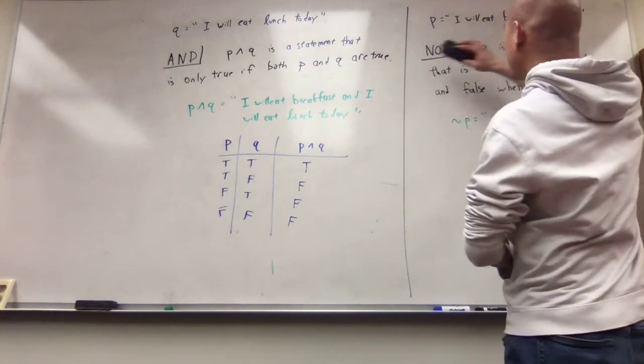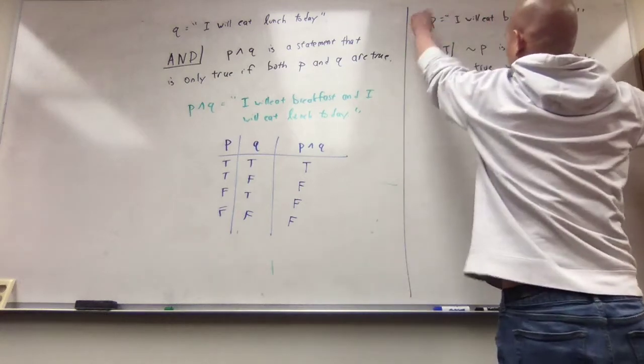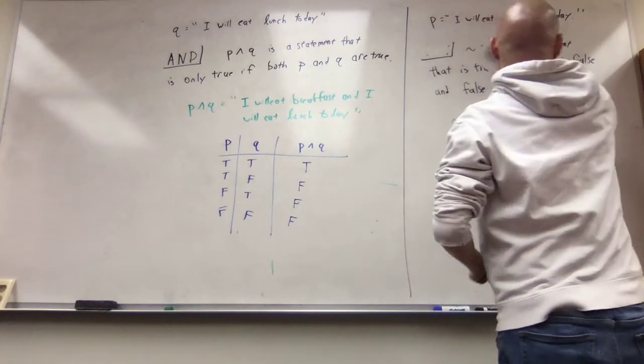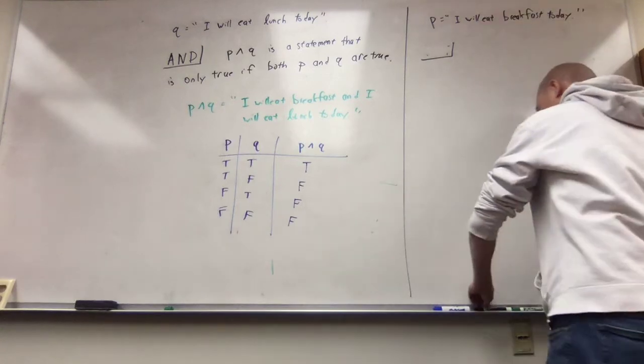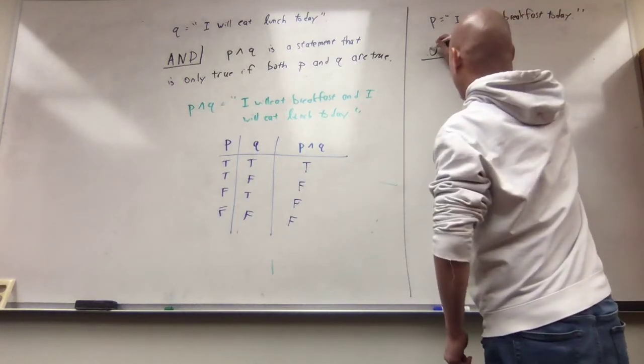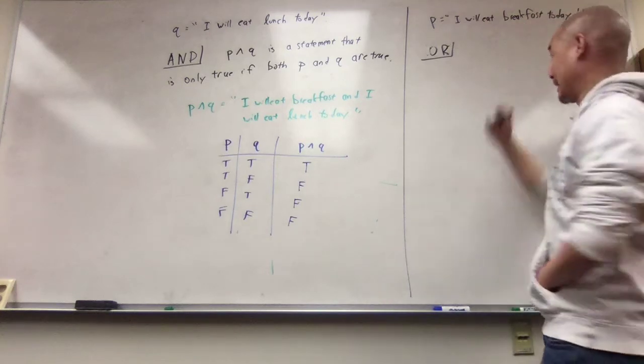Then an analog to "and," I'm going to keep this because we'll still use that as our example, is "or." Or is a lot more forgiving than "and."